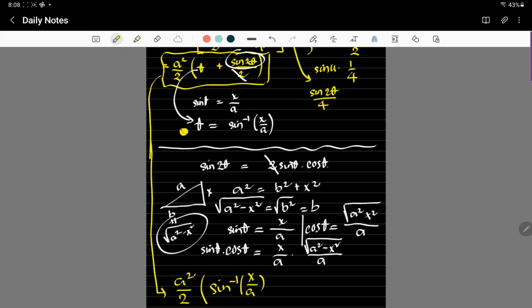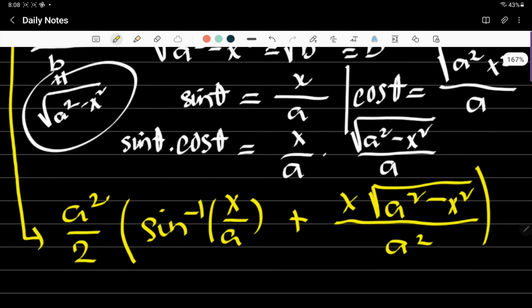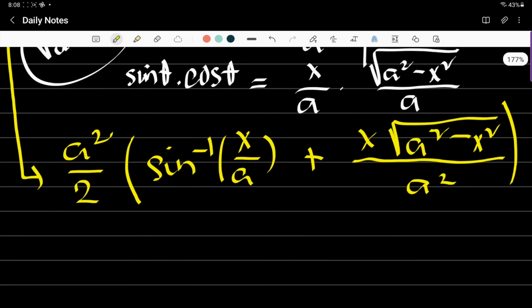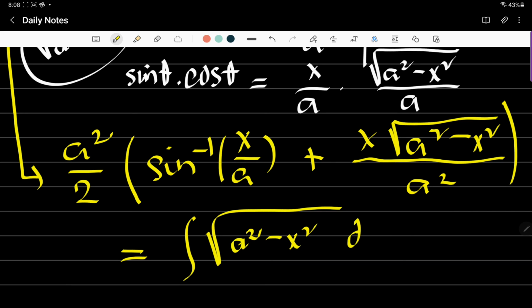And then plus sine 2 theta. The 2 cancel out, ready? So we have x times square root of a squared minus x squared over a squared. All right, let's make it big. This is the answer of the integral of square root of a squared minus x squared dx using the triangle and Pythagorean theorem, right? That's it. We did it. Done.